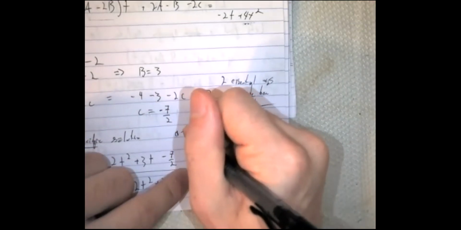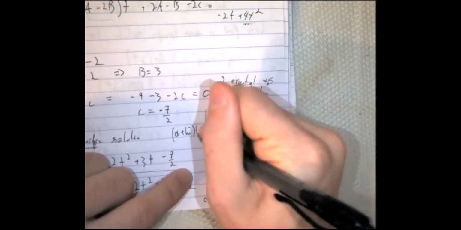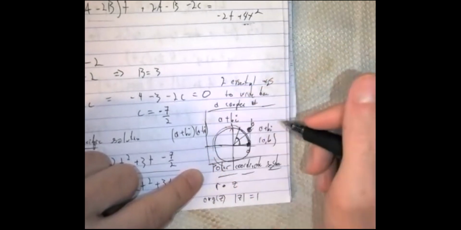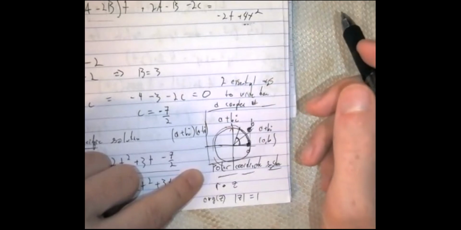Here the norm is going to be a plus bi times a minus bi. And then the way that we parameterize the unit circle is in terms of sines and cosines.